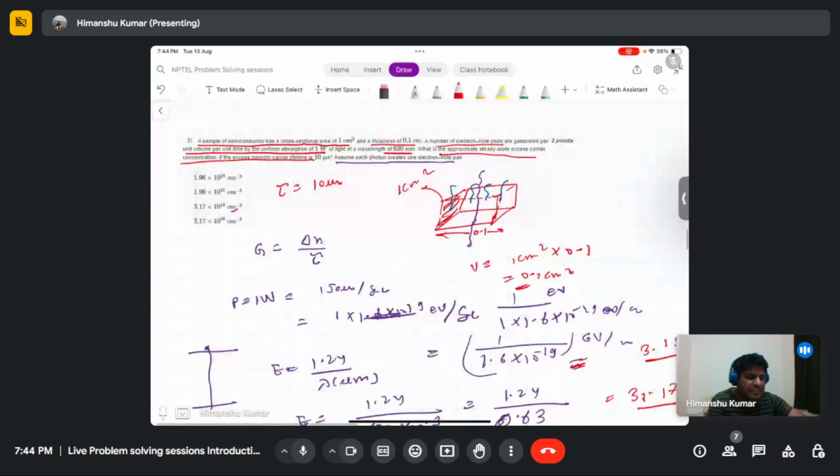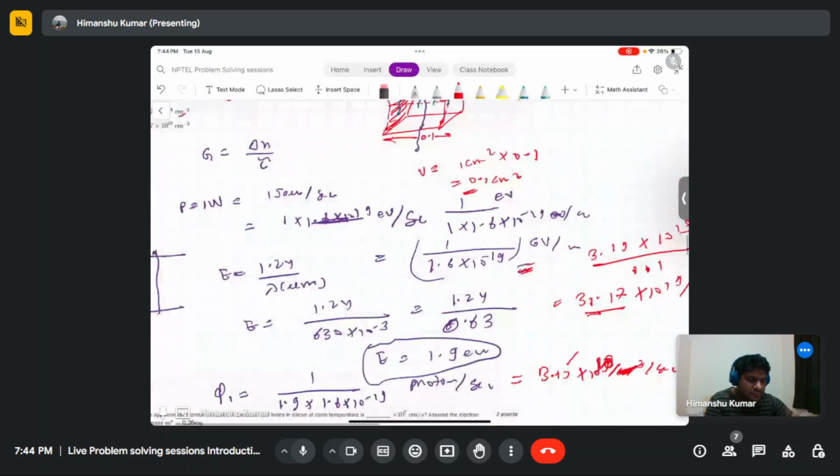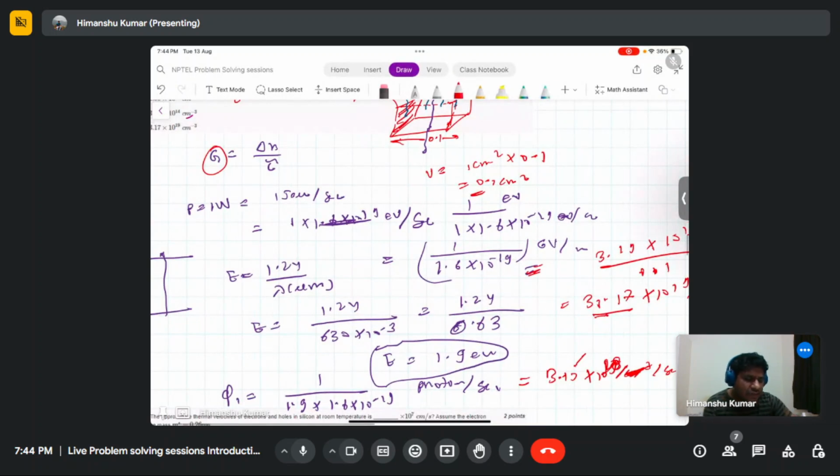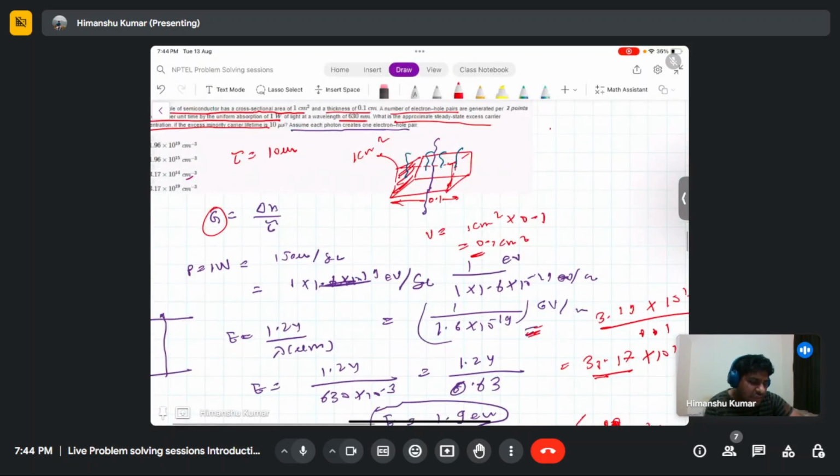So this is per second, and this is the generation rate we got. To calculate the excess concentration, we need to multiply this by tau, because the average number of electron-hole pairs is determined with this tau.